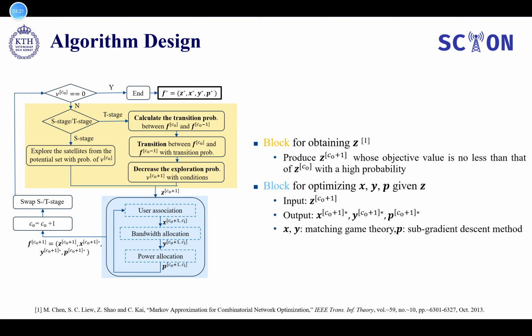And about the light blue one, the input of the part is satellite selection given by the orange block. The output is the association results and allocation results. The method used here is called alternative optimization. And the design of the orange block is based on Markov approximation, which is proposed by this reference.